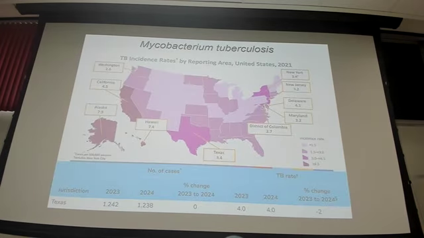I pulled some data I thought would be interesting for us to look at in terms of the United States. Sometimes data gives you a better picture of what's going on than just talking about incidence rates. Here we're looking at 2021 data in the United States. Our goal for incidence rates is under 2.5 cases per 100,000 people.